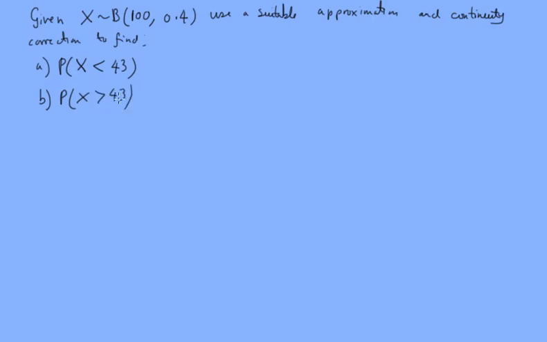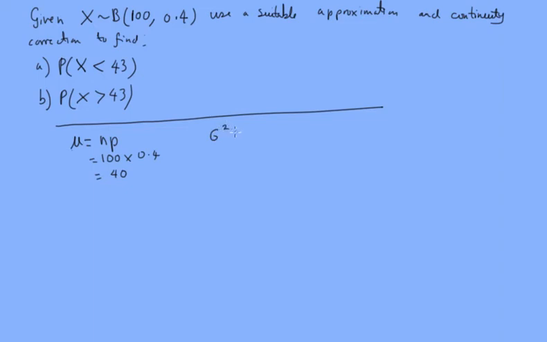So, firstly, let's think about what is the mean. If we're going to approximate this as a normal distribution, that's np, which is 100 times 0.4, which is going to be 40.